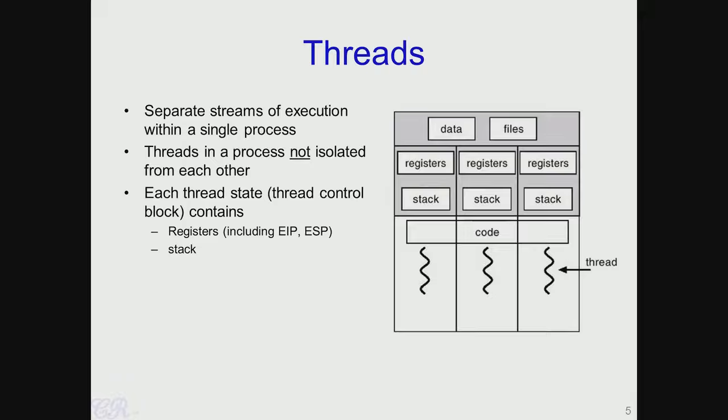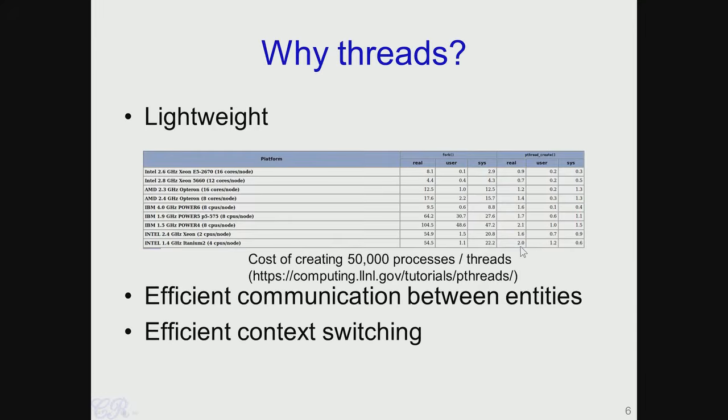Now, what is the major advantage of having threads over processes? This is actually seen from this particular slide. Essentially, the most important difference comes from the fact that threads are extremely lightweight compared to processes. To take an example, let us have a look at this table, which shows the time required to create 50,000 processes using the fork system call, and it compares this with creating 50,000 threads on exactly the same machines.